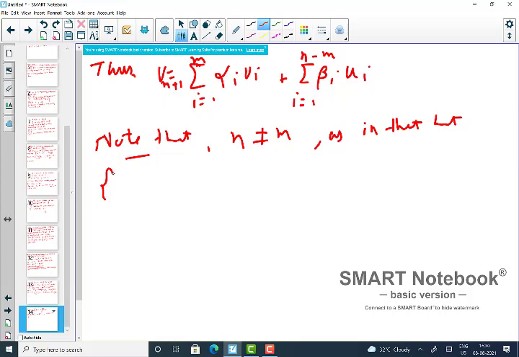In that case, v1, v2, up to vm plus 1 will be linearly dependent, which is a contradiction, because this is the L, right?